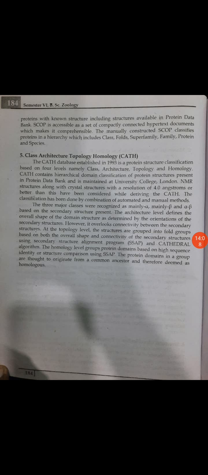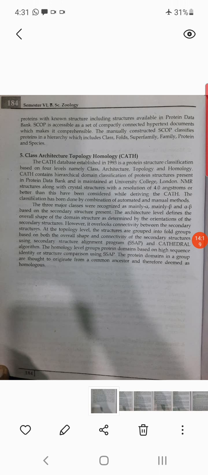So NMR structures along with crystal structures with a resolution of 4 angstroms or better have been considered while deriving CATH. So actually this keeps very detailed structure or microstructure of the protein and nucleic acid.